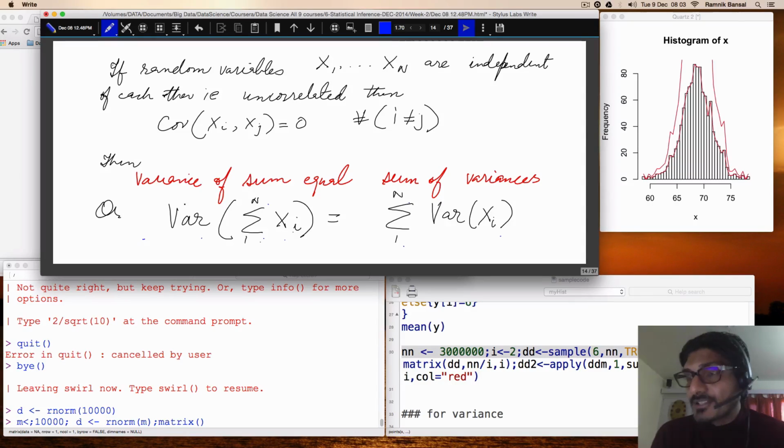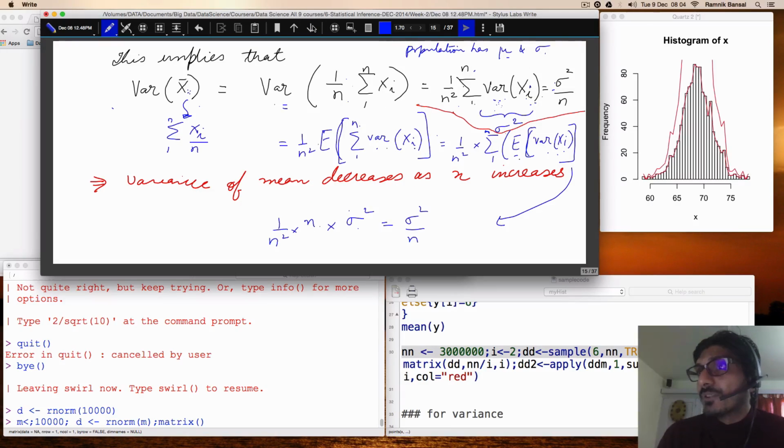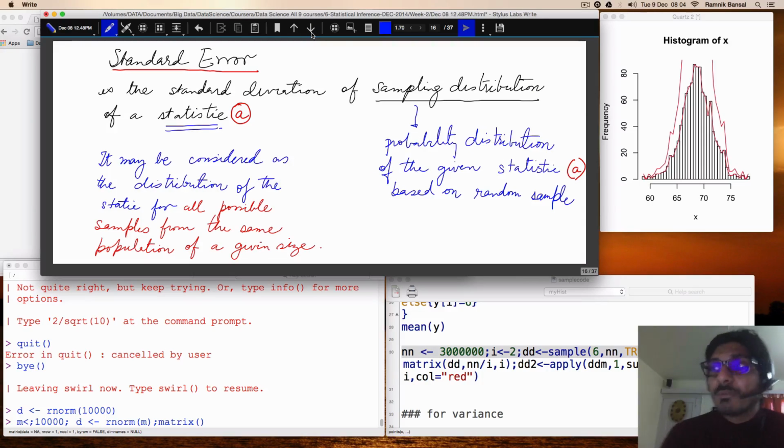Typically we will always be working on randomness, because only then can we predict something. If there is no randomness, then it's difficult. That will be one basic assumption that we'll have. So we say the variance of sums is equal to the sum of variances. This is what we are able to compute, assuming that each of these random variables is independent of the others. And we also saw that by expanding this concept, the variance of the mean decreases as n increases, which is nothing but saying that the sample size should be bigger.